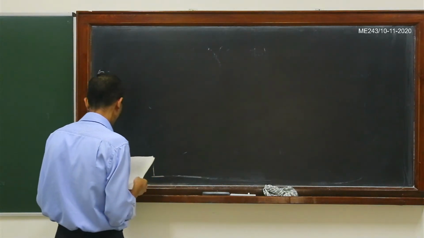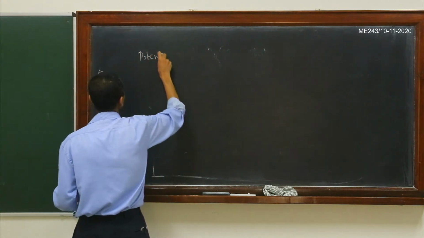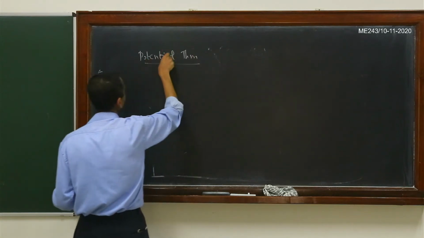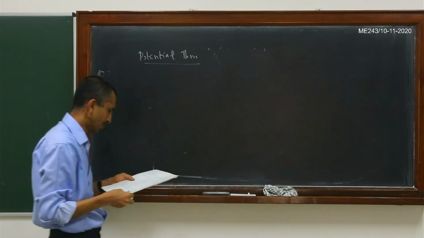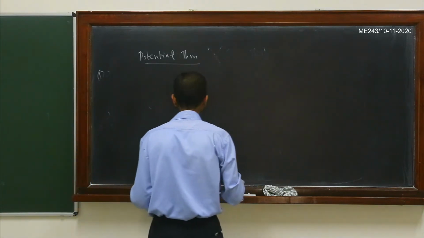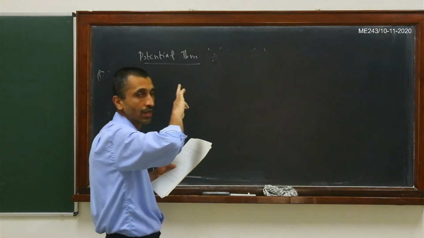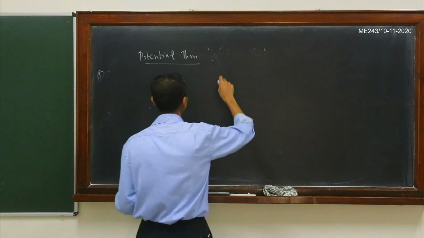This word potential is because it's like a potential function that exists. As I said, I will just mention these results without proving them, but the proofs are there in the book in case you are interested.